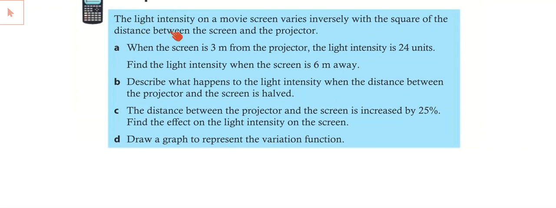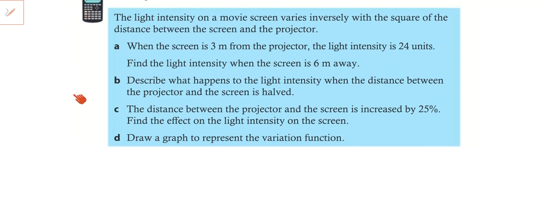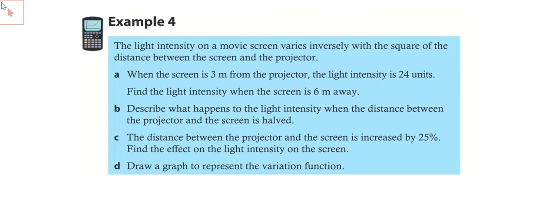It says the light intensity on a movie screen varies inversely with the square of the distance. So how would I write that? I've got to define my variables first.